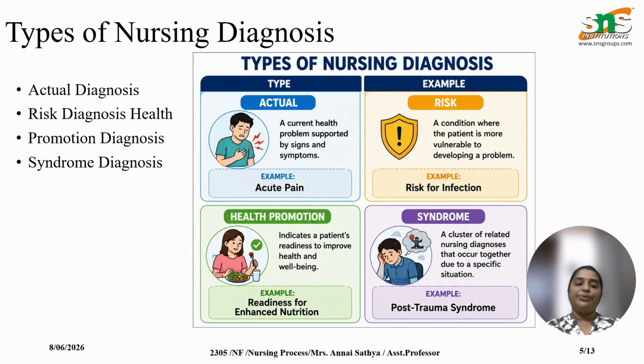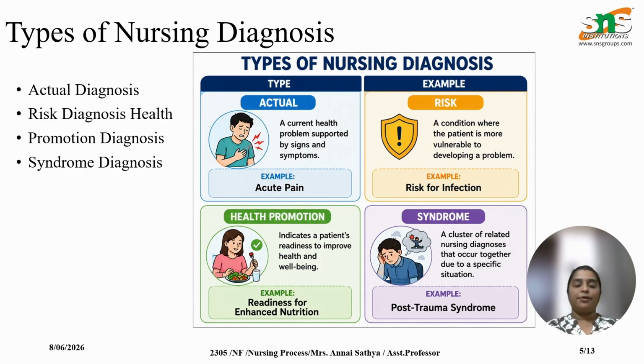Next we move on to the types of nursing diagnosis. Here we have four major types of nursing diagnosis: actual diagnosis, risk diagnosis, health promotion diagnosis, and syndrome diagnosis. Actual diagnosis identifies existing health problems, whereas risk diagnosis identifies potential health problems.